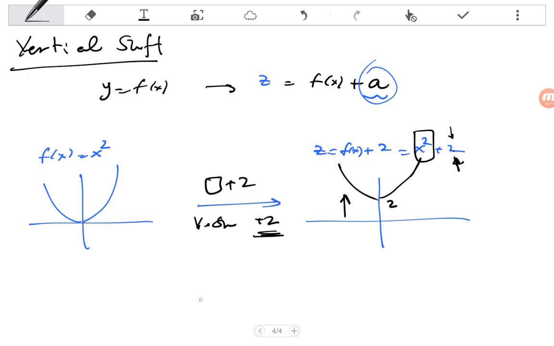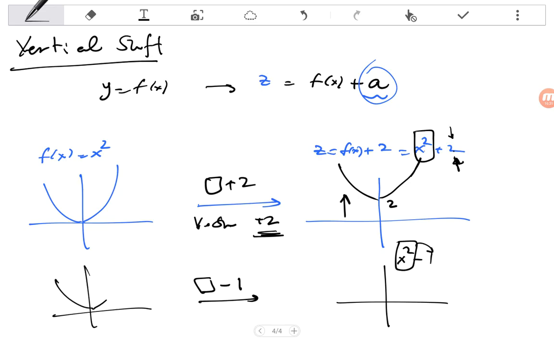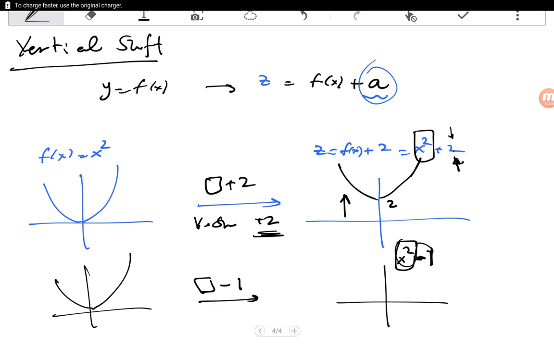If I need to graph f of x minus 1, which is x squared minus 1, how would I graph this function? I see it as x squared first. Then I would start with x squared, take the whole function and subtract 1.